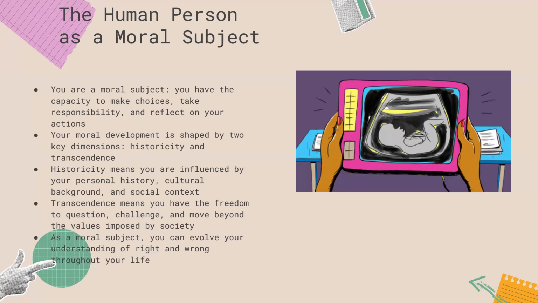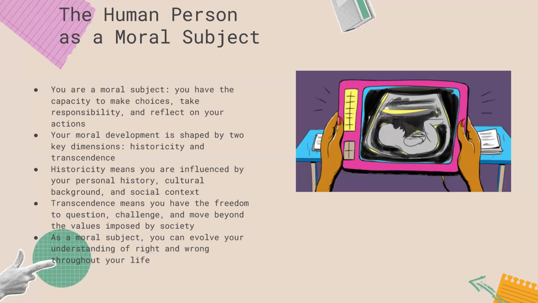So you have to take the responsibility for the consequences that are coming from it, right? And remember that moral development is shaped by two key dimensions, historicity and transcendence. Remember that every human being, every individual has their own historicity and transcendence. Now, the burning question is, what is historicity? Well, historicity means that you're influenced by your personal history, by your cultural background, and by your social context.